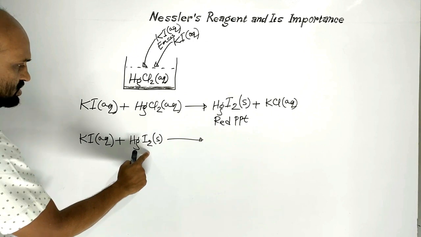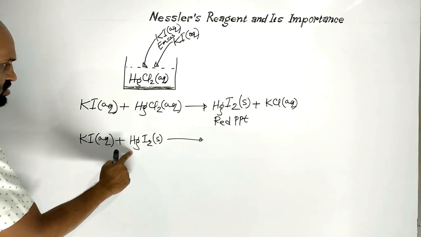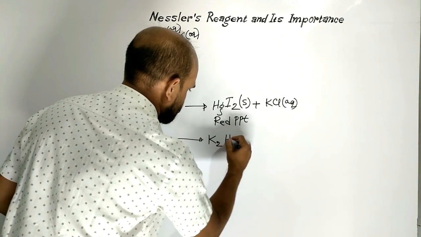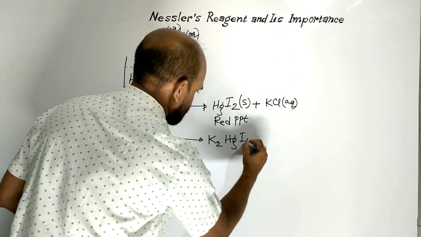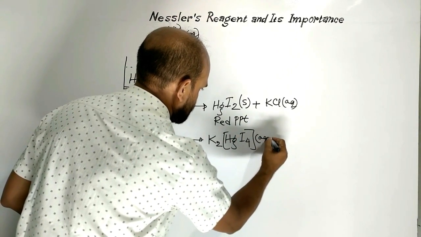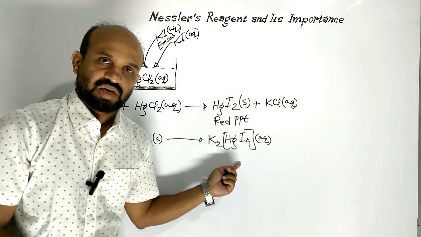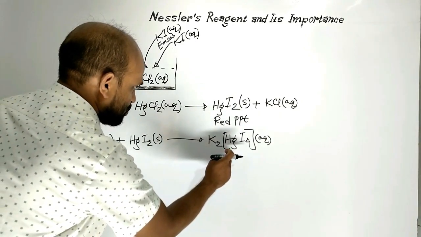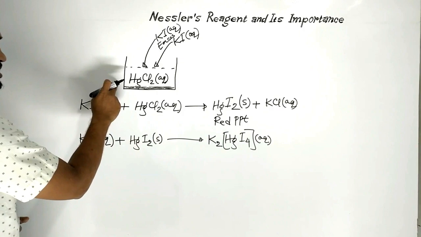Then this red color precipitate converts to potassium tetraiodomercurate 2. So this compound is formed, which is soluble in the solution.